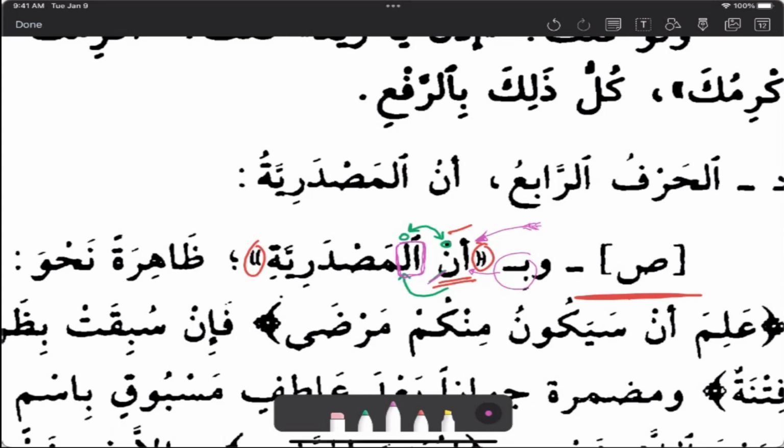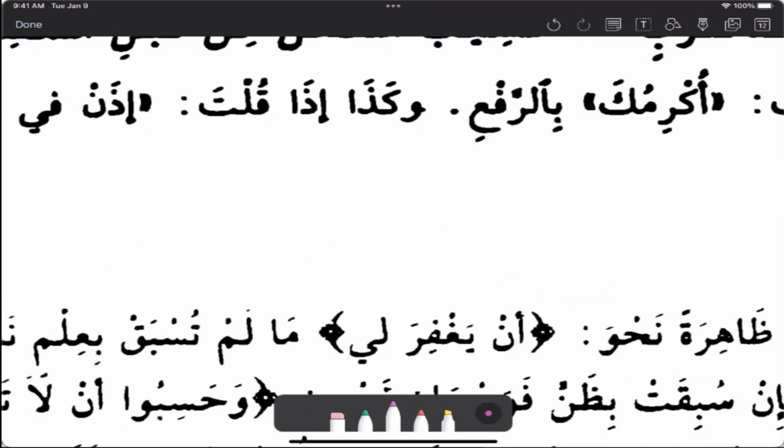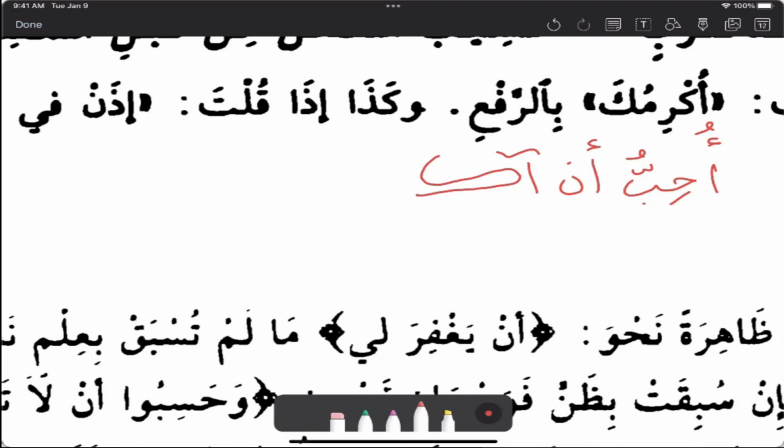You know what it means to be masdari. Let me review for you. I gave you a simple example before. If one were to say, yani, uhibbu an akula. You're familiar with the shape of kaf, yes?